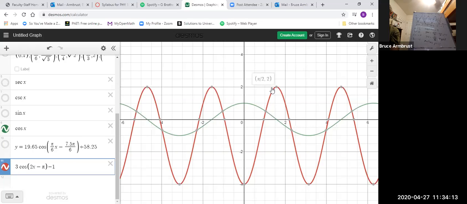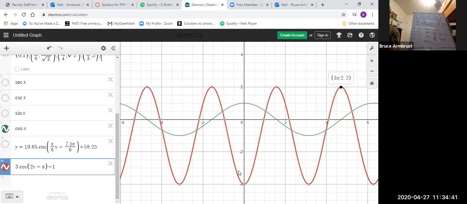So first thing, notice that the maximum values are up here at 2. And in fact, if I hover over this point, you can see its coordinates: minus pi over 2, 2. This one is pi over 2, 2. This guy's 3 pi over 2, 2. So those were all the points that we saw there. And then the minima are down here at minus 4. So there's our 0, minus 4. This is pi, minus 4, and so on.